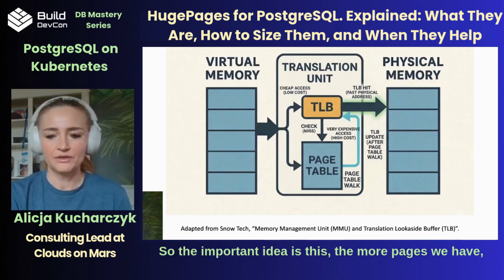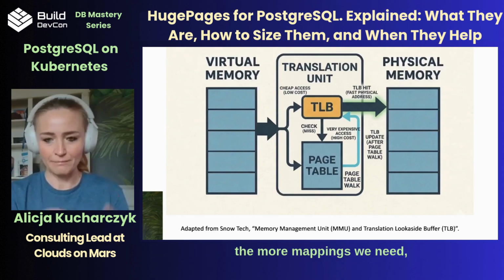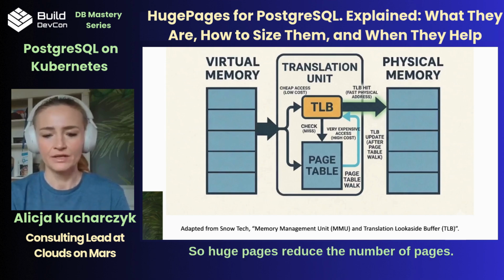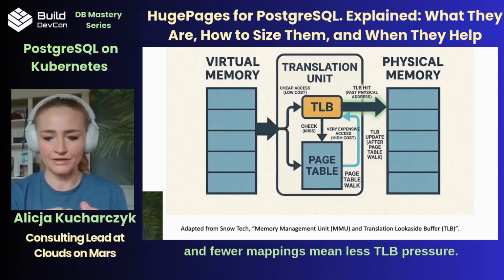So the important idea is this: the more pages we have, the more mappings we need, and the more pressure we put on the TLB. So HugePages reduce the number of pages. Fewer pages means fewer mappings, fewer translations, and fewer mappings mean less TLB pressure.